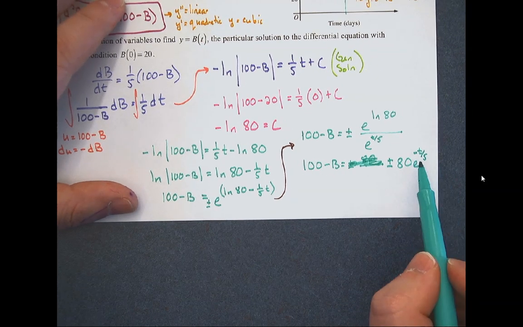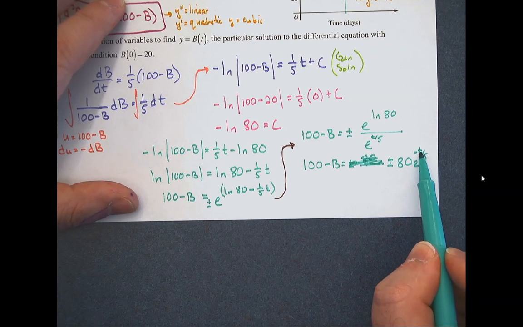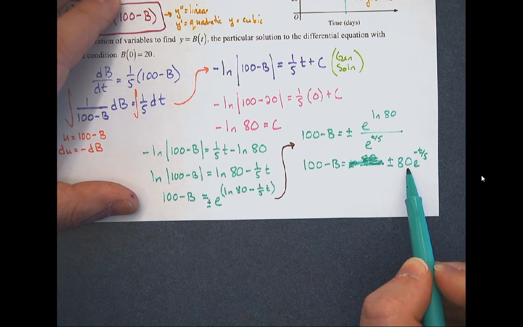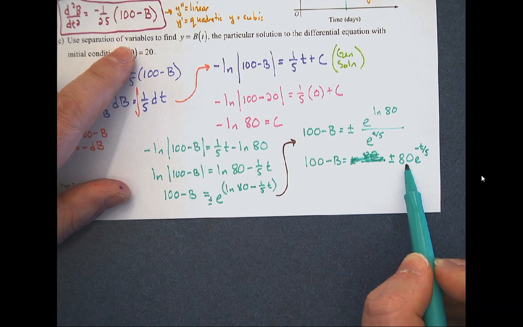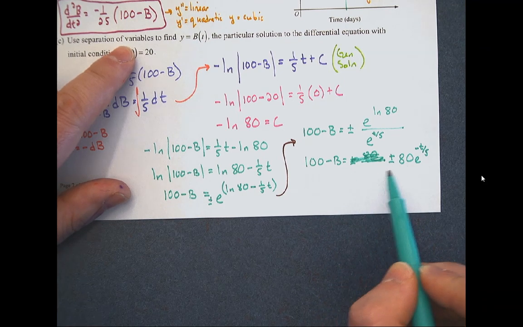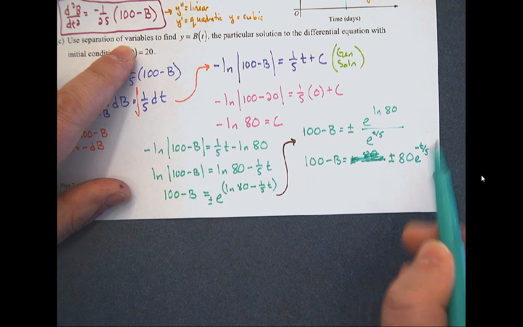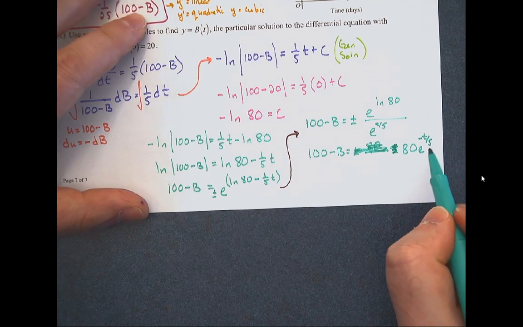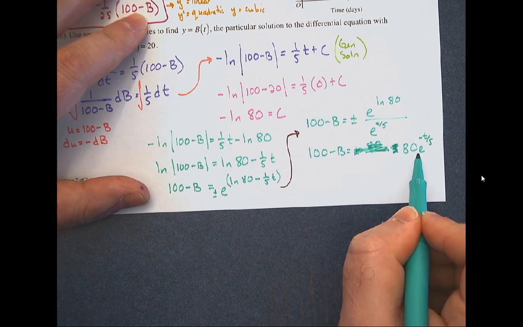Now if I put 0 in here, this would be 80, and then 100 would be negative. So I want the positive one. So I don't actually need this anymore. I can get rid of that finally. So I'm going to now subtract 100 from both sides.